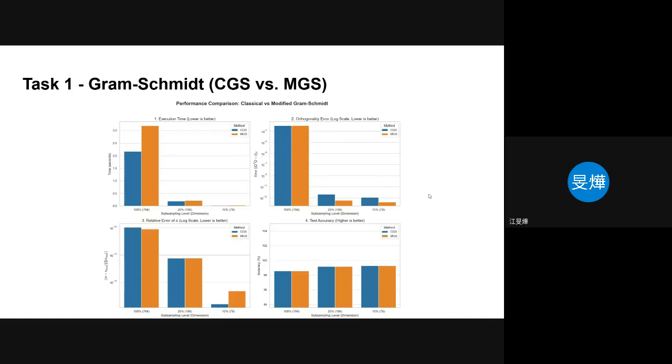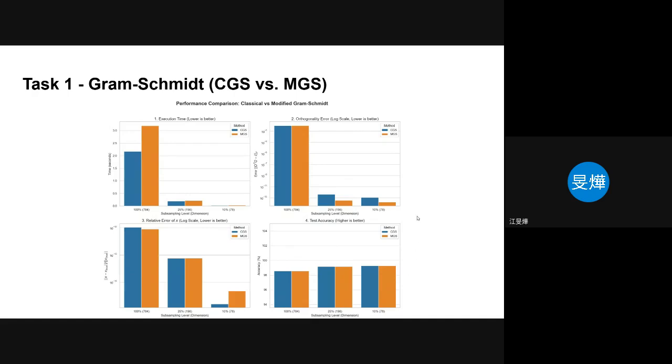So we go on to task 1. We are moving on to compare the performance of classical and modified Gram-Schmidt. Starting with the top left one, we look at the execution time. While both methods become extremely fast at lower dimensions, we can clearly see that at 100% resolution, the modified one, the orange one, is slower than the blue one, the classic one.